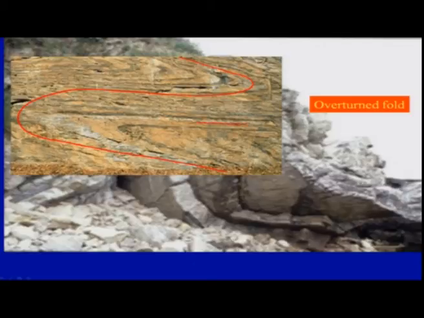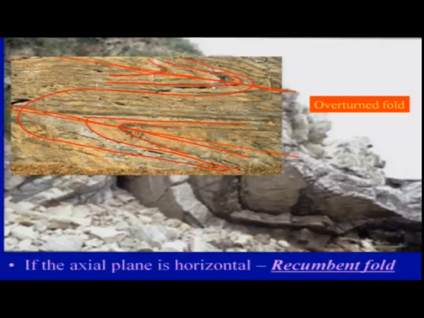You can trace this one out very clearly, and here also you can trace this one out very clearly. So we are able to see this one is another one here, this one is another one here. This is the axial plane here and this is the axial plane here. So the axial plane is almost horizontal here. So we have the axial plane there.